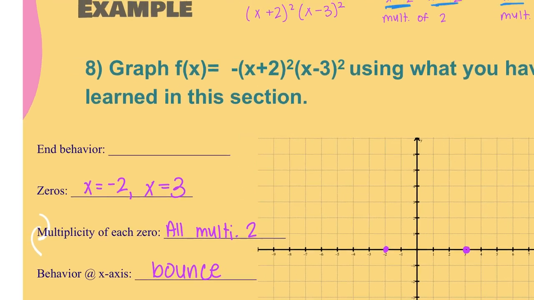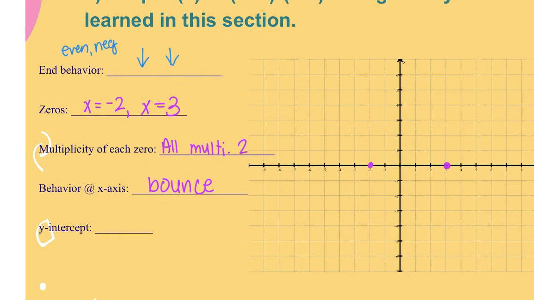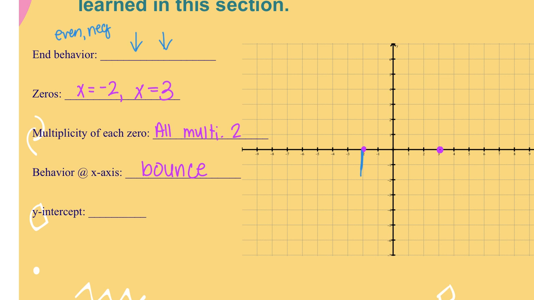I have an even. And is my leading coefficient positive or negative? Negative. So because it's even, are they in the same direction or opposite directions? They're in the same direction, and because it's negative, which direction is that? Down. They're both going down, so that should be pretty easy. Going ahead and just drawing those arrows down.